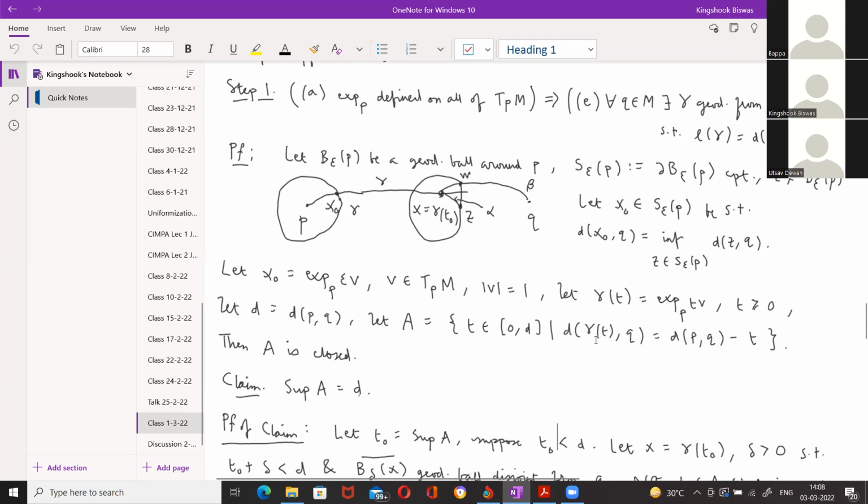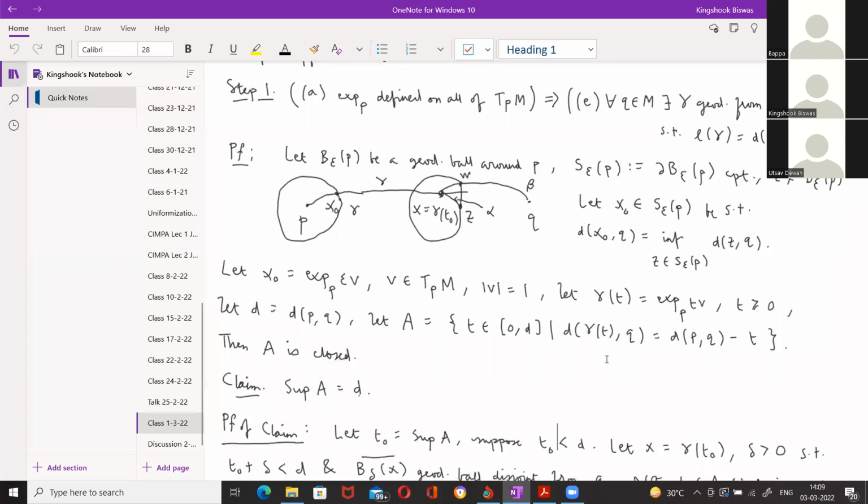And so the distance from gamma(0), which is P, to gamma(t) is at most t, because gamma is unit speed. So if this equality occurs, that the distance from gamma(t) to Q is the distance from P to Q minus t, this means that we've decreased the distance as much as possible, right?